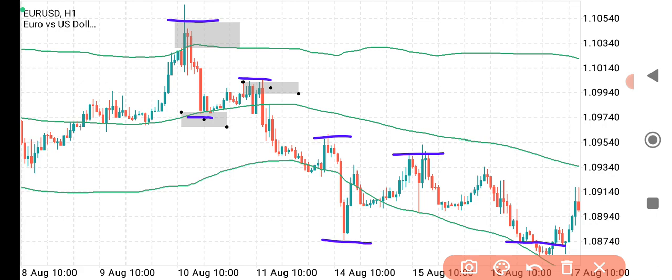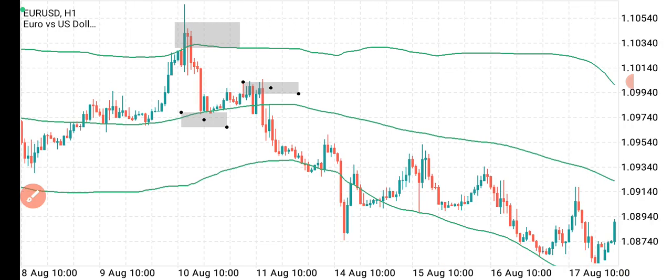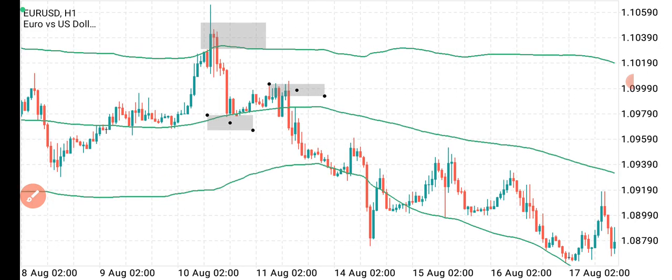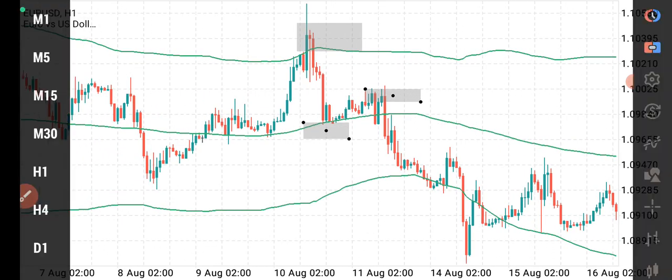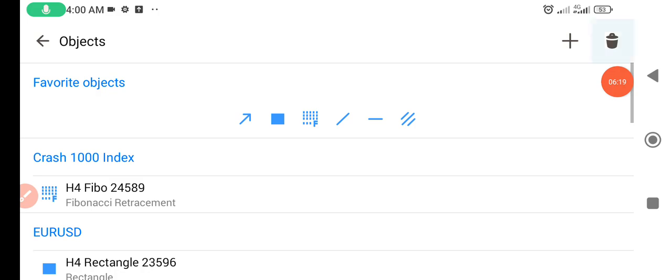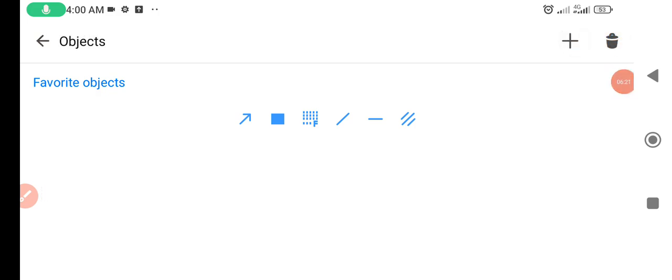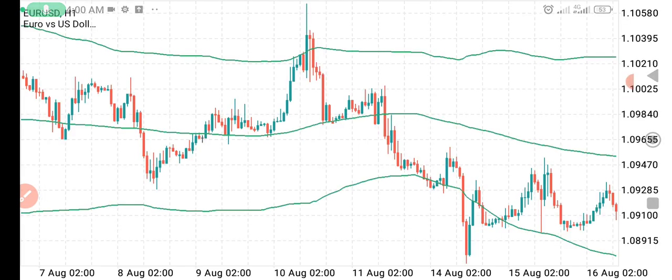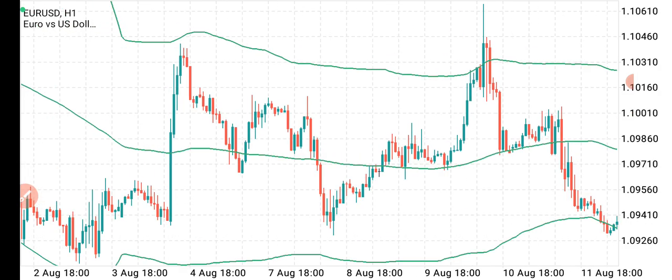But today basically what we want to look at is how we will take our high probability trade. How to take high probability trade using the engulfing candle and the pin bar pattern.